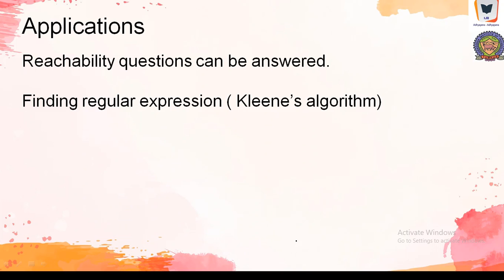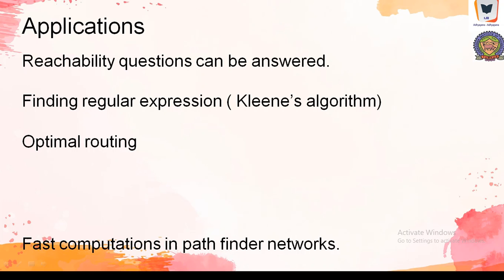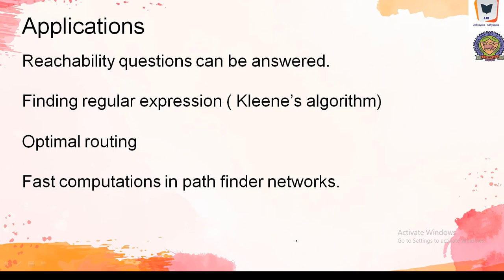Finding regular expressions in finite automata, this algorithm is called the Kleene algorithm. Anyway, it has roots in the transitive closure relationship. It is optimal routing. To find the optimal routing between any two stations, transitive closure can be used, and fast computations in pathfinder networks can be done with the help of a readily available transitive closure graph.